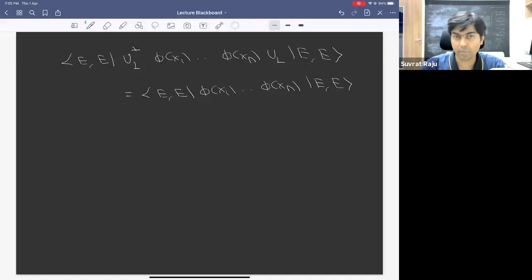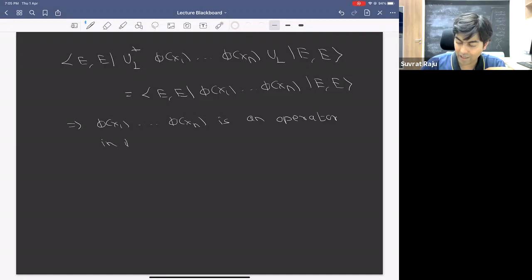Now, the only way this can be true for arbitrary unitaries U_L is if phi(x1, ..., xn) is an operator in the right CFT. You can check that, otherwise it can't be that it commutes with all unitaries in the left CFT.